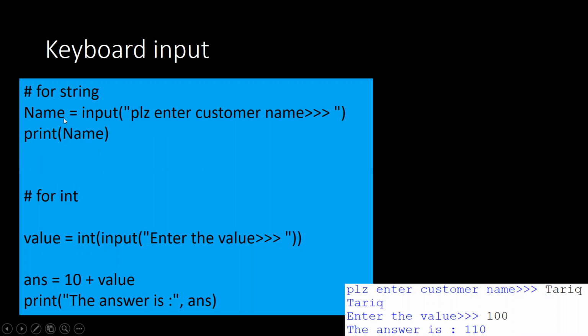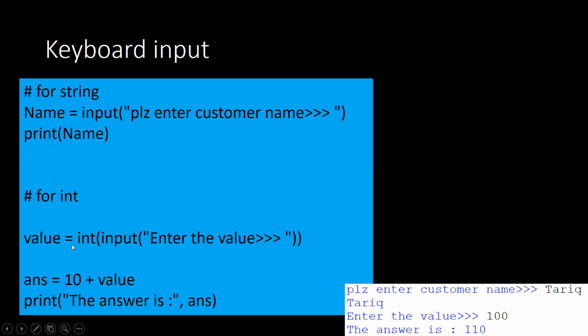When the user enters the value, this value will be stored in name, and you want to display the value which is stored in name. But guys, please remember one thing: when you are using input, by default you will get the value of the variable as a string. So if you want to use that variable in your calculation, you need to convert it into integer.